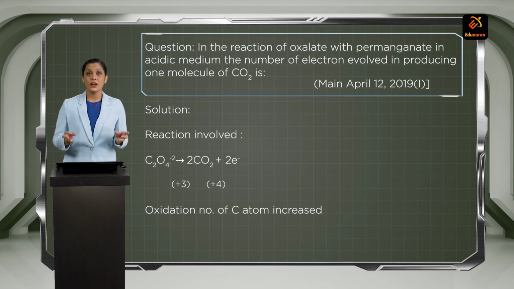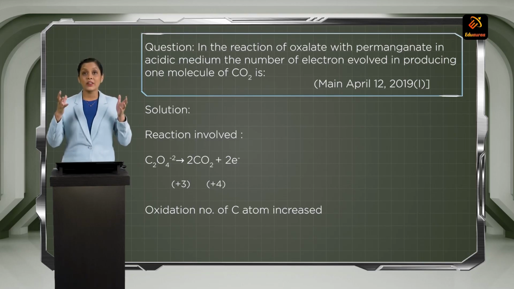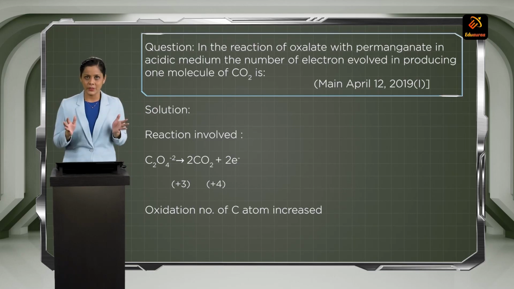Oxalate, that is C2O4 2 minus. C2O4 2 minus have carbon in the oxidation number plus 3. And on reacting with potassium permanganate or the permanganate ion in acidic medium, carbon undergoes oxidation. Carbon goes from plus 3 to plus 4.